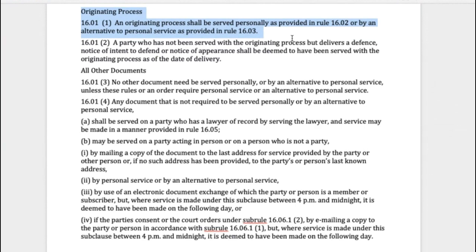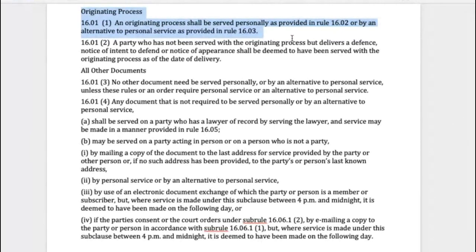If you are being brought into litigation for the first time, whether because you're a defendant being served with a statement of claim, or because you're a third party being brought in with a third party claim, the law insists on that higher, more expensive, but more certain gold standard personal service for you.